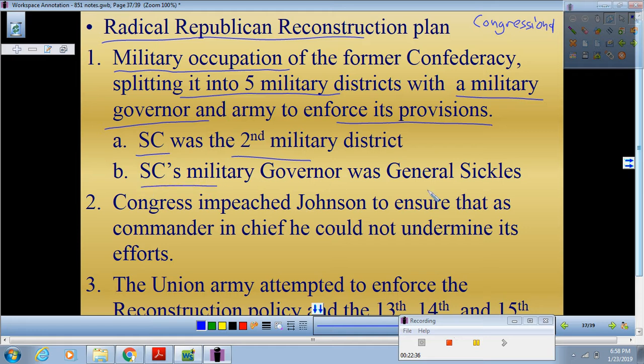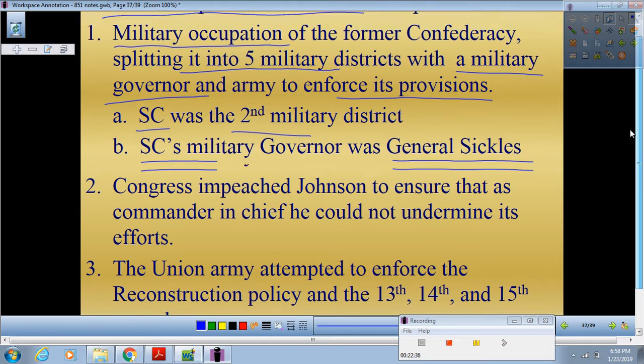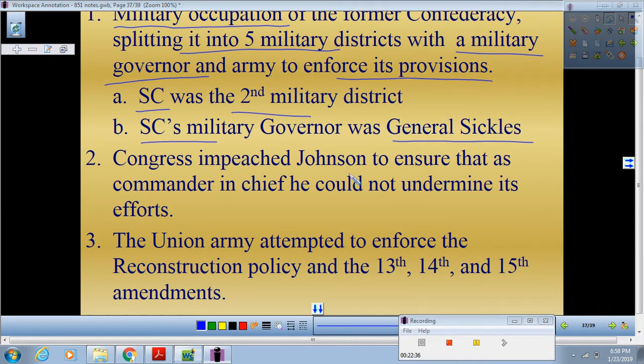South Carolina's military governor was named General Sickles, who we'll see here. Part 2, Congress impeached Johnson to ensure that as Commander-in-Chief he could not undermine its efforts. And 3, the Union Army attempted to enforce the Reconstruction policy and the 13th, 14th, and 15th Amendments.